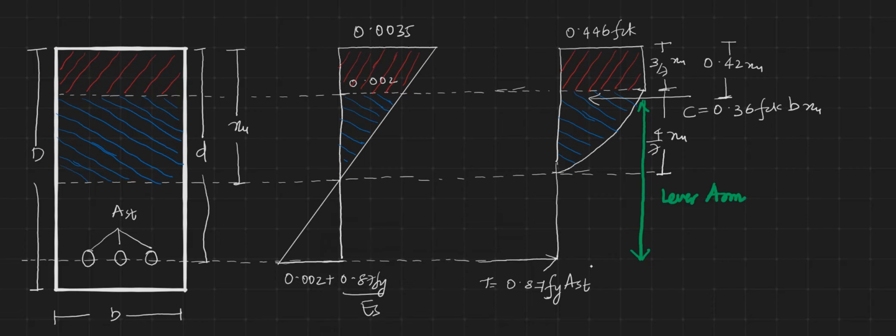And here the lever arm distance is d minus 0.42 Xu. That is the distance between the lines of action of these two forces. Since the compressive force is acting at a distance of 0.42 Xu from the top fiber, and the tensile force is acting at a distance of small d from the top compression fiber, the lever arm is d minus 0.42 Xu.